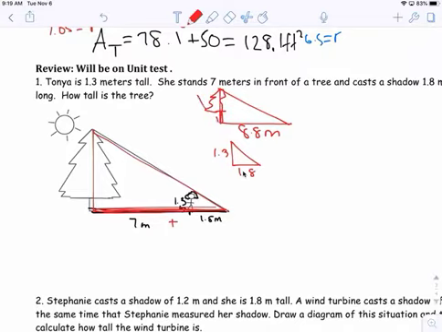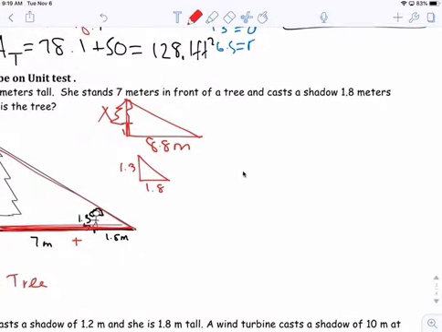That's x. X represents the height of the tree. So, corresponding sides, the tree over 1.3 equals 8.8 over 1.8.